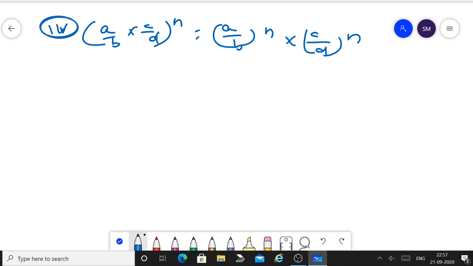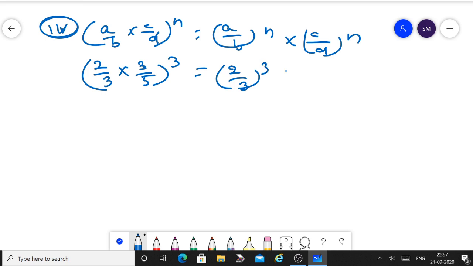Okay? Then take an example. Suppose 2 by 3 into 3 by 5, to the power 3. Then this is 2 by 3 to the power 3 into 3 by 5 to the power 3 according to the fourth law of exponents.